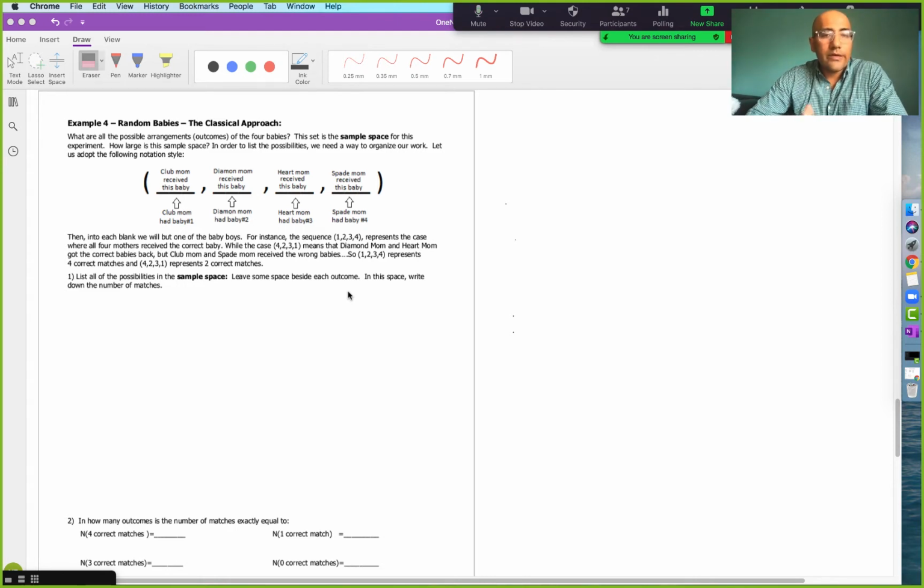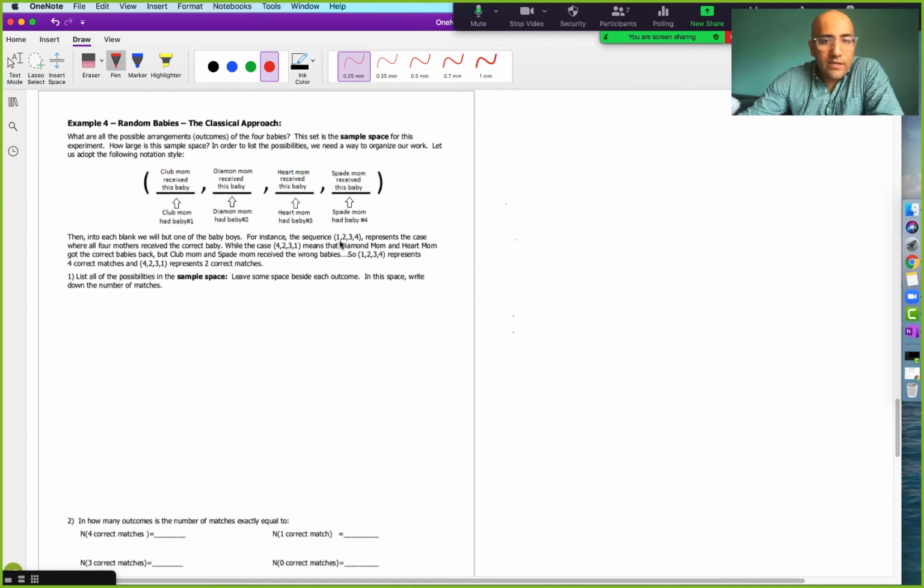What we want to do is write down numbers in a particular sequence where order matters. So space number 1 here is baby number 1, and space number 2 is baby number 2, right? Household number 2.